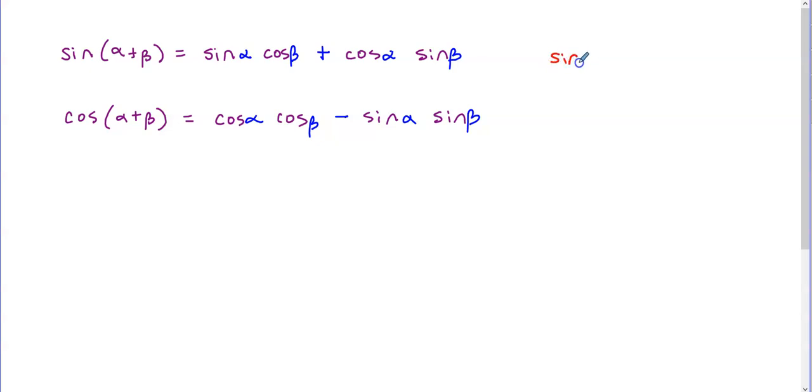For example, the sine of 75 degrees would be the sine of 45 degrees plus 30 degrees. I would put my 45 degrees in for my alphas, my 30 degrees in for my betas, calculate everything out, and that would be the sine of 75 degrees. Then we practiced that using radian measures.